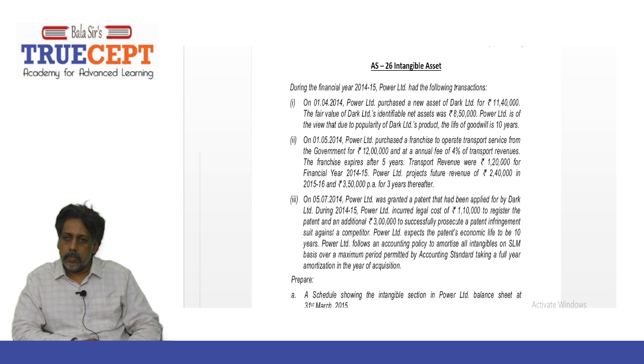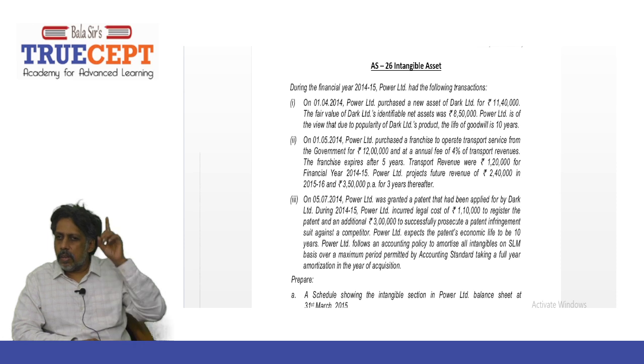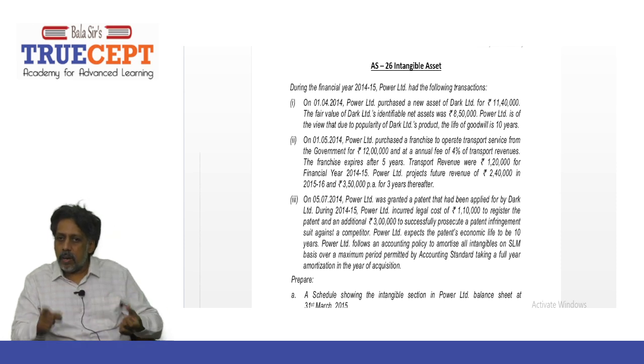Power Limited projects future revenue of rupees 2,40,000 in 2015-16 and 3,50,000 per annum for 3 years thereafter. You saw that apart from paying rupees 12 lakh for the franchise, you have to pay a 4% royalty, that is a 4% license fee.